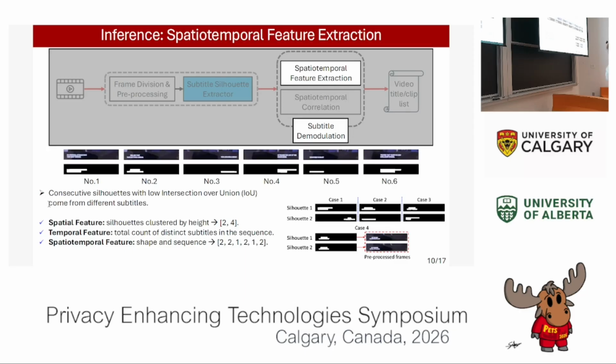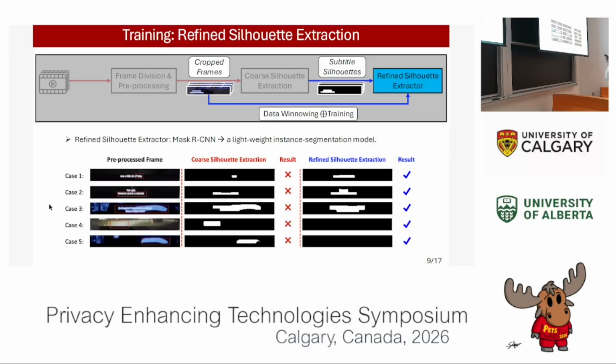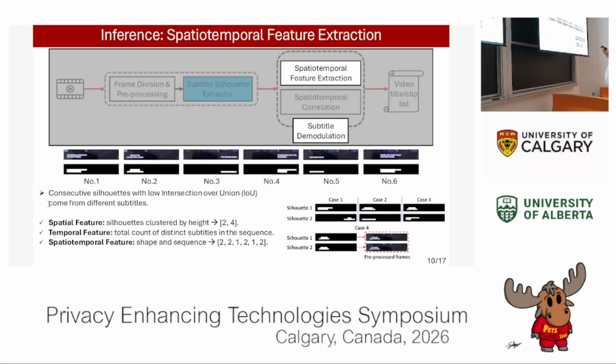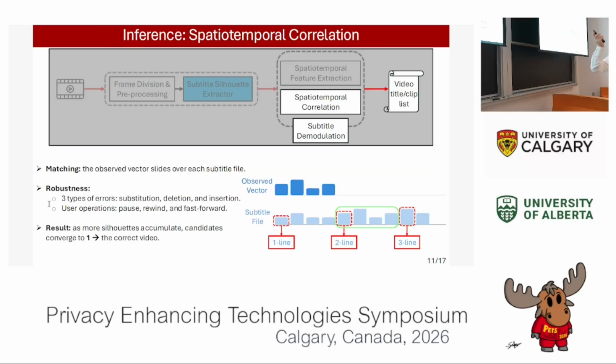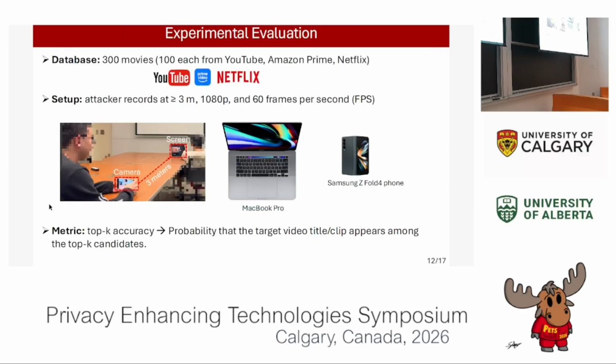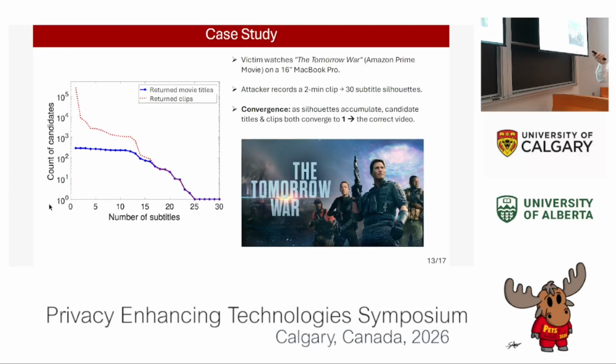And then we get the spatial-temporal feature as a vector. And what we do is slide over the video and do the matching. If we find a match, that would be a candidate.